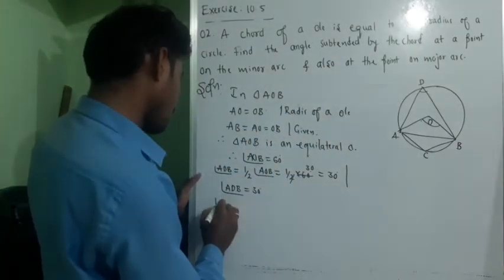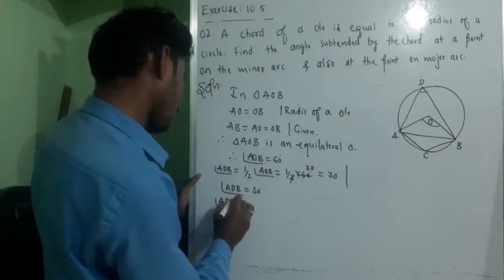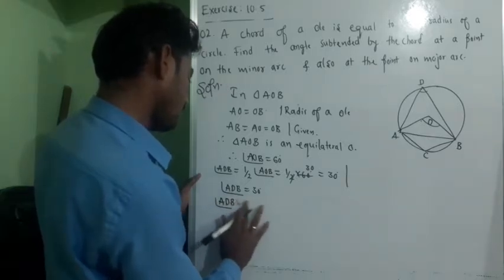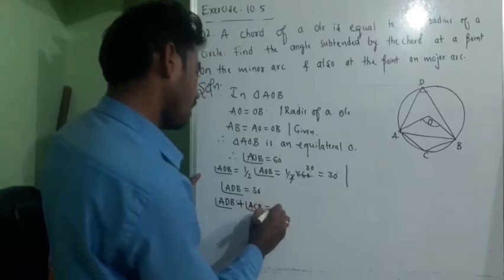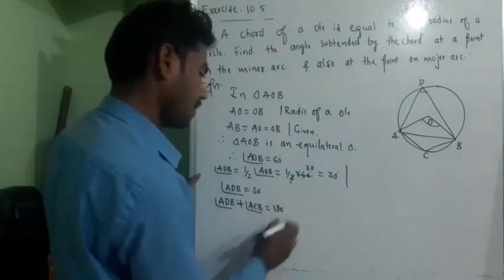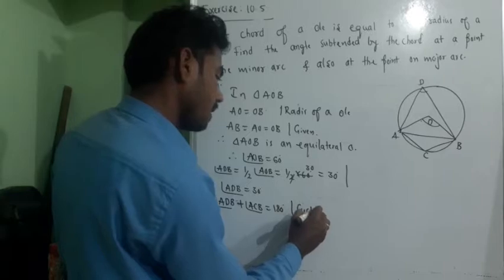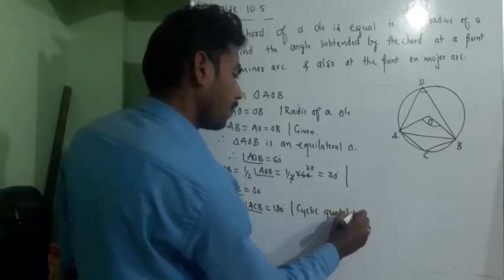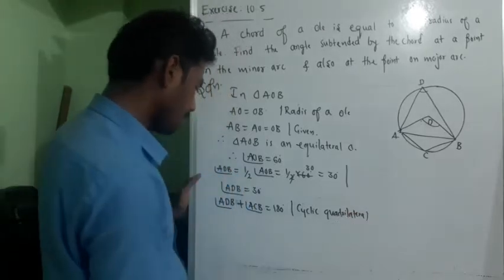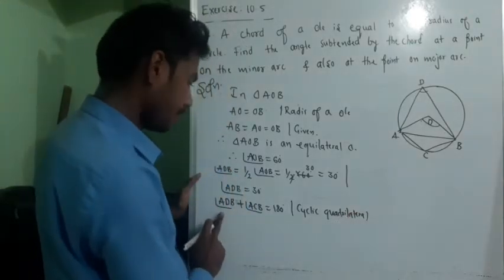So angle ADB plus angle ACB is equal to 180 degree because it is a cyclic quadrilateral. Fine. Now what is ADB?